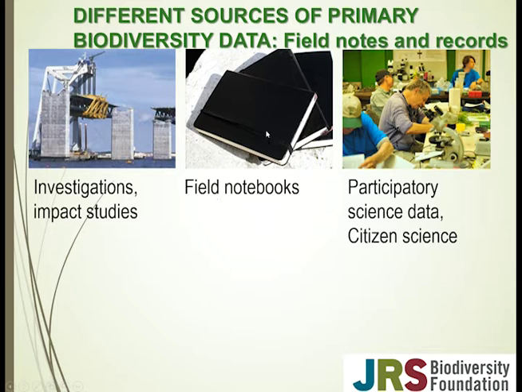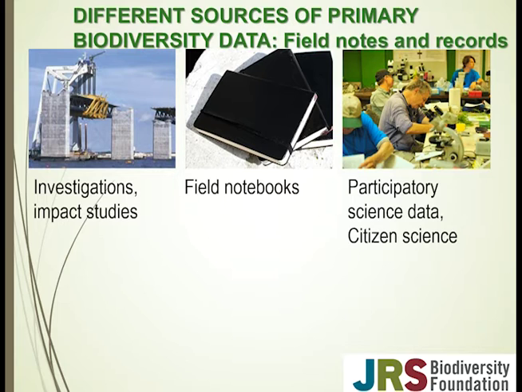We have also field notes. Field notes are recorded directly in the field, so they have right information, but you need to pay attention to the completeness of the information.